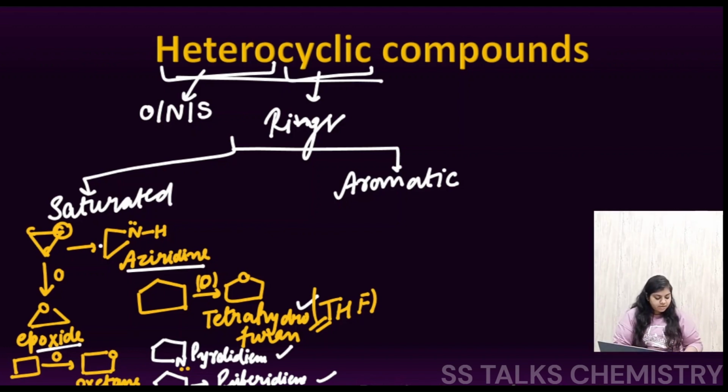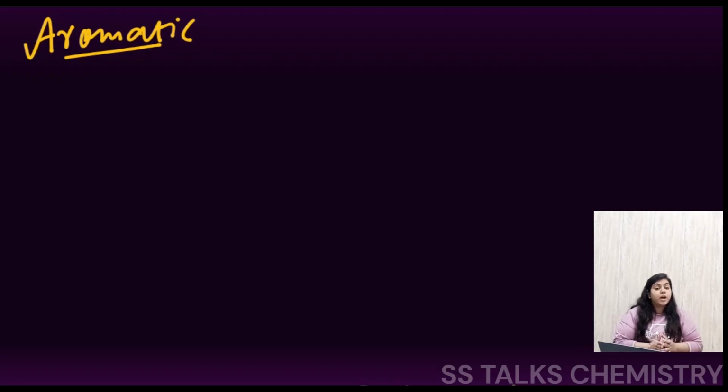Now let us have a look at the aromatic heterocyclic compounds. So now we are going to discuss the aromatic heterocyclic compounds. The most common aromatic compound we know in organic chemistry is the benzene ring, right? So we have this benzene ring.